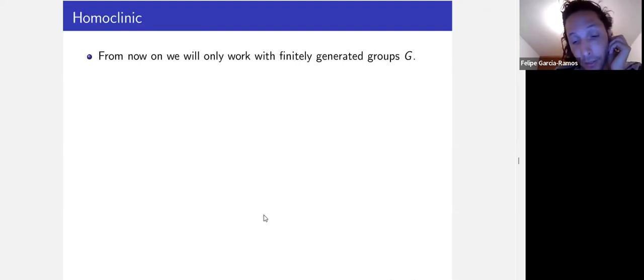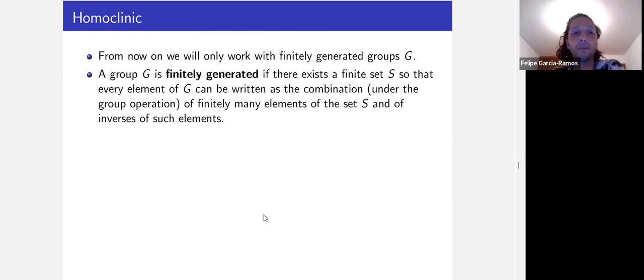Okay, so I haven't defined the homoclinic points in this generality, but I will only do it for finitely generated groups. Finitely generated just means there's a finite set such that every element can be written as a combination of this finite set.